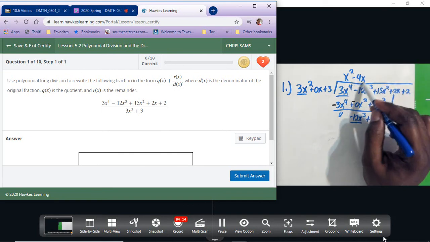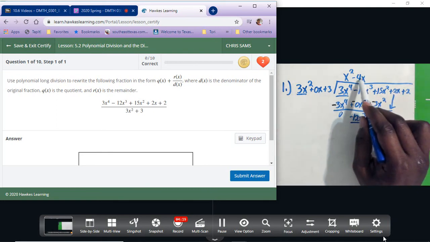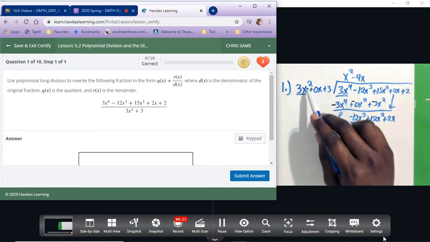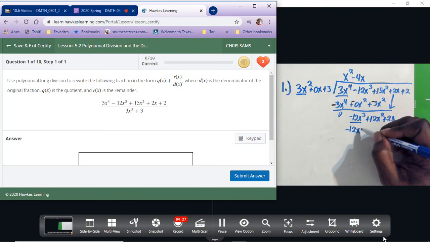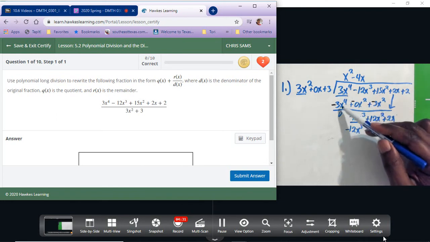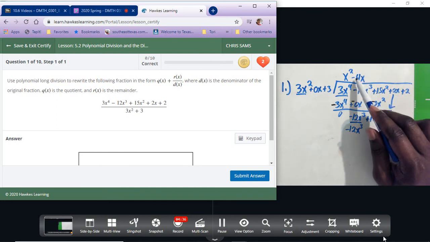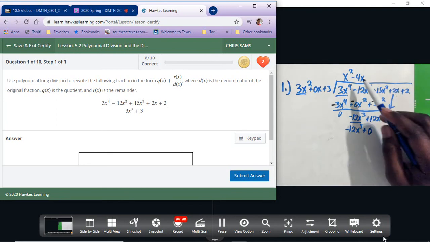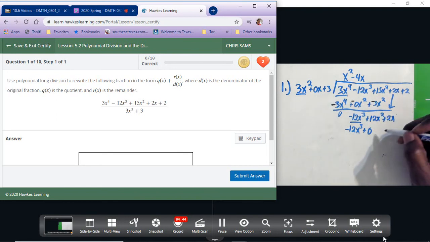Alright, so we're going to multiply negative 4x times each one of these terms again. Negative 4x times 3x squared gives us a negative 12x cubed. And every time you do this, when you match them up, the first term should be exactly the same. And then negative 4x times 0 will just be a 0 here. And then negative 4x times negative 3 will give me a positive 12x.